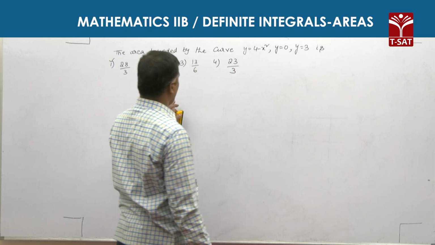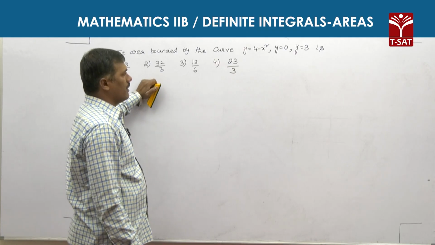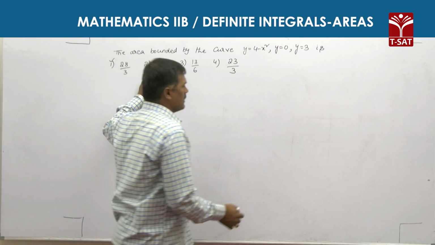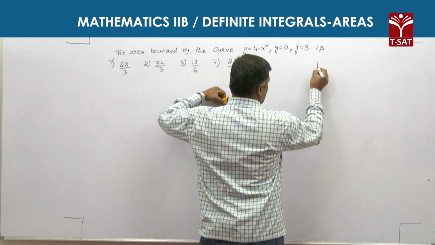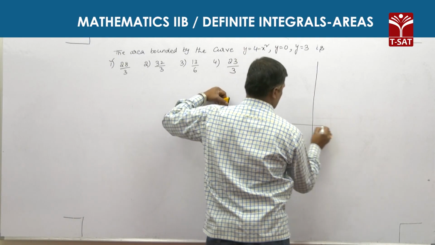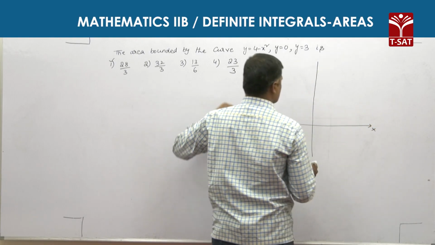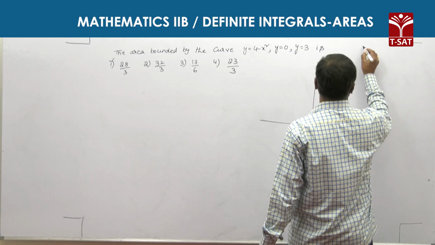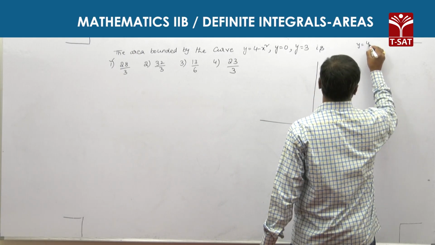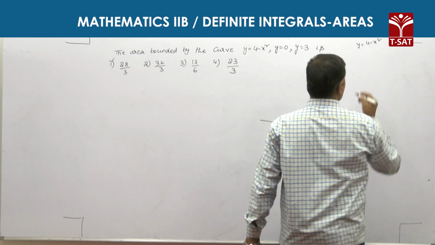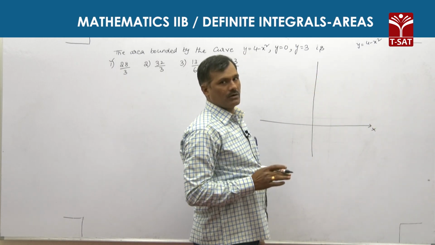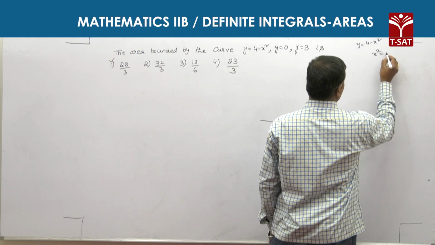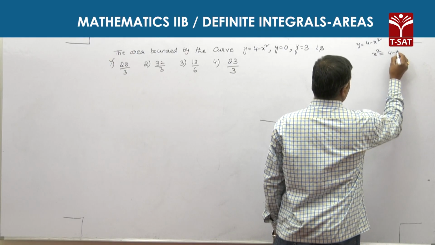First, the area bounded by the curve y equal to 4 minus x square, ordinates y equal to 0, y equal to 3. First, draw the figure. A rough calculation here: y is equal to 4 minus x square. Even powers of x are symmetrical about the y-axis. So first we can write x square is equal to 4 minus y.